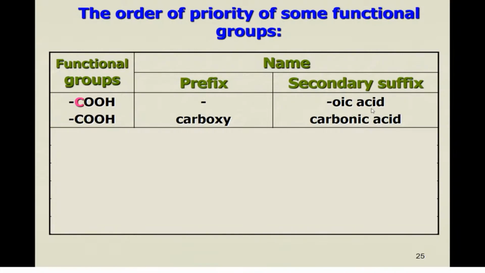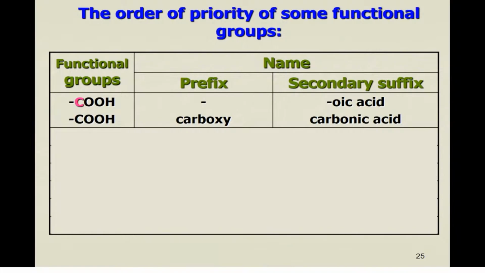I'm sorry. There can be a situation where the carboxylic group is not bonded directly to the parent chain, for example when the parent chain is a cyclic structure. If there is cyclohexane with a carboxylic group bonded to it, the carbon in the carboxylic group will not be numbered, but the carbon in the cycle which is bonded to the carboxy group is number one.